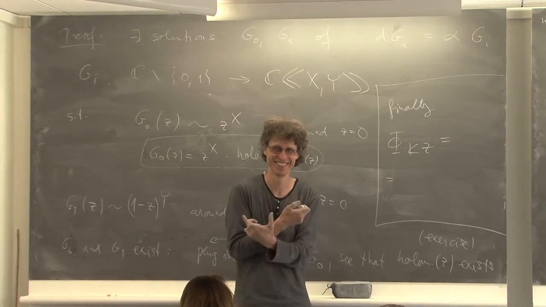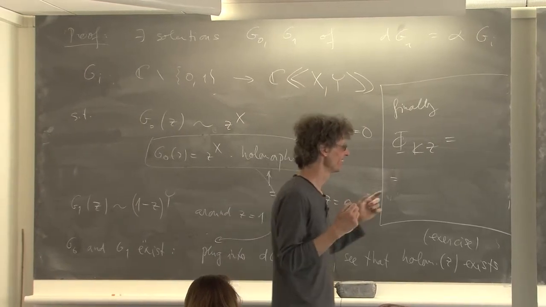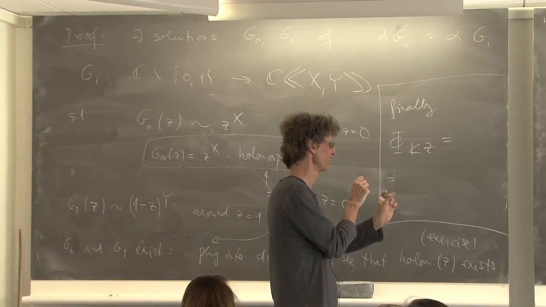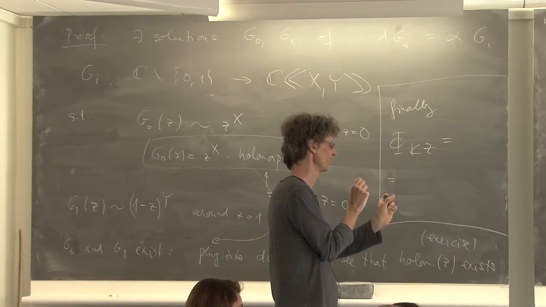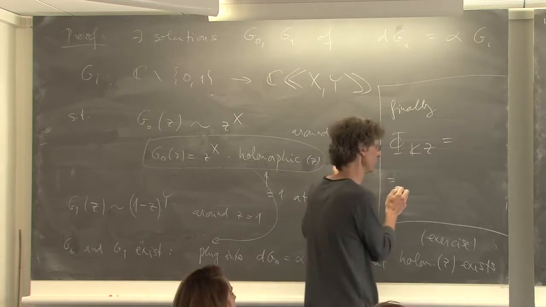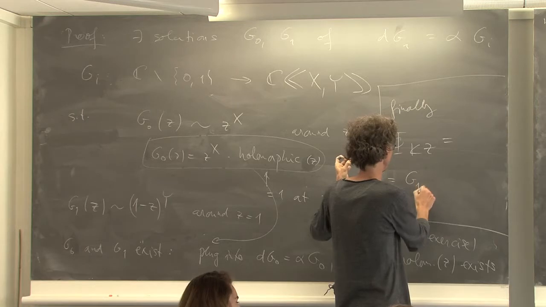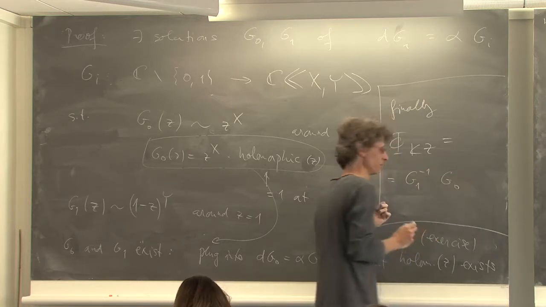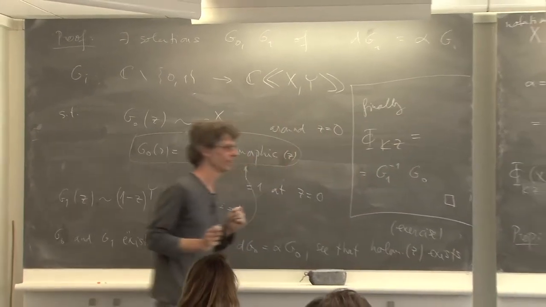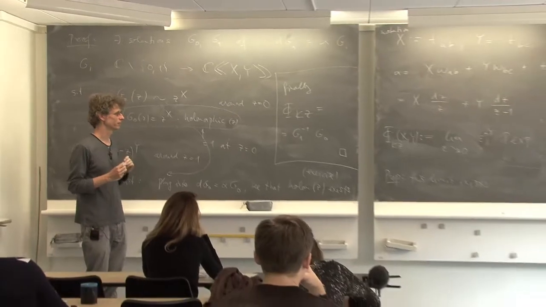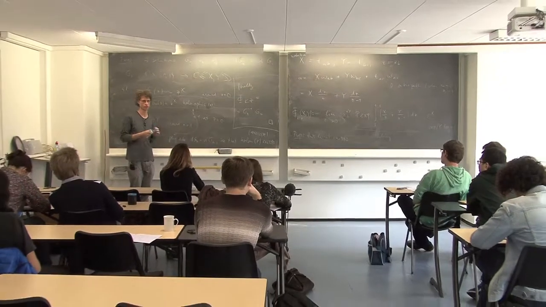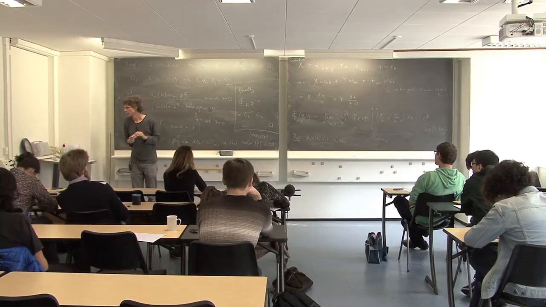So let's see, we start with 0. So it's probably G1 inverse G0 or something like that. And that's the end of the proof that this phi KZ makes sense, that this limit exists, just because one can construct it in this way. Now let us have a break.